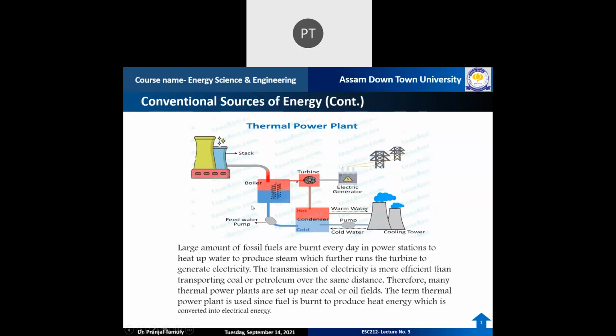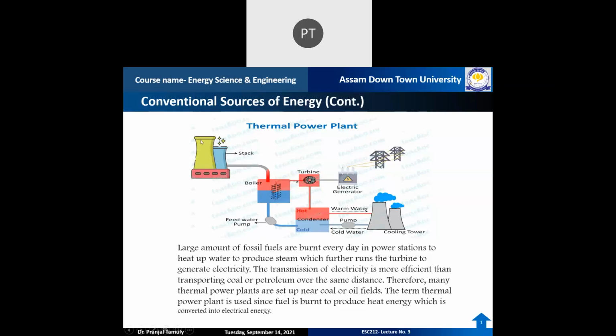This is the boiler. Here we insert the water and heat it up to produce vapor. We can use coal or petroleum products to heat the water and produce steam.